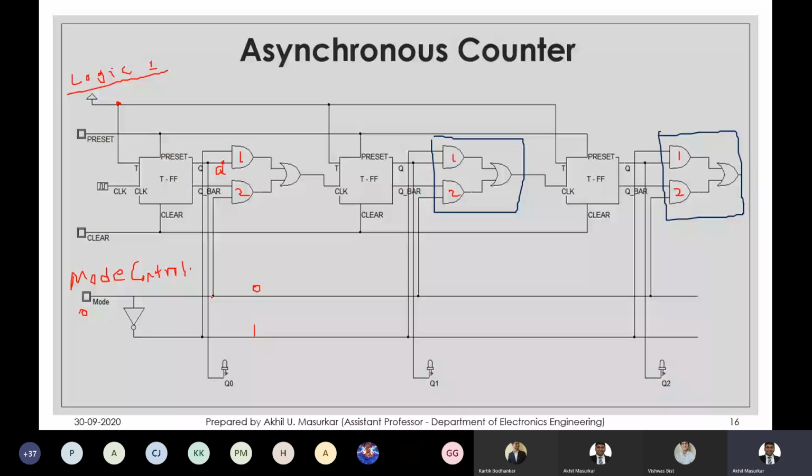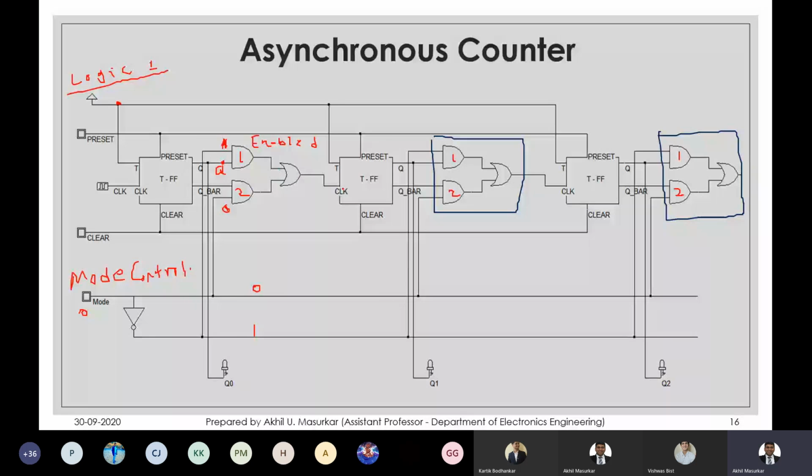So the 1 line is connected to the first AND gate, and the AND gate which gets a logic 1 as the other input is going to get enabled, and as a result Q gets connected to the clock through the OR gate.